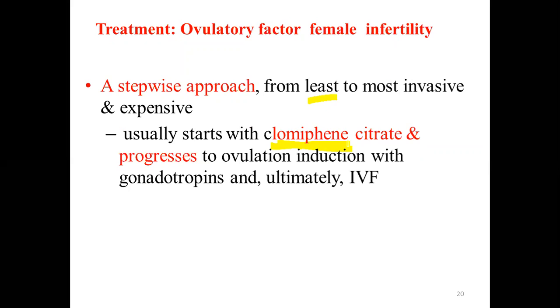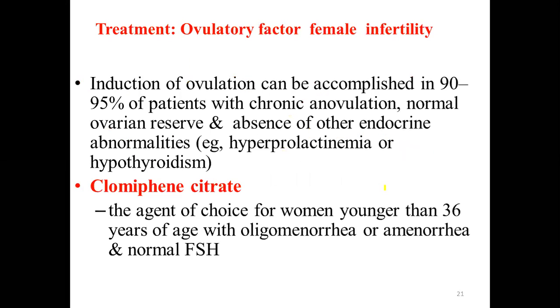We usually start with clomiphene citrate, then progress to ovulation induction with gonadotropin, and ultimately in vitro fertilization. If we are not able to achieve it with clomiphene, we proceed to gonadotropin, especially in hypogonadism. If we are still not able to achieve it, that is when we consider in vitro fertilization. That is why infertility treatment should be a stepwise procedure.